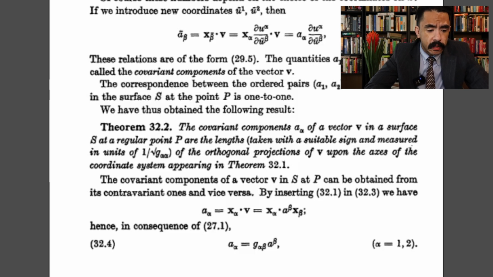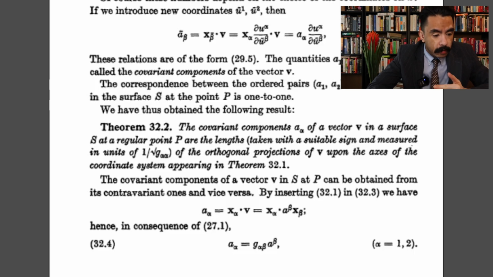The contravariant components of a vector v in S at P can be obtained from its covariant ones and vice versa by inserting vector v equals a superscript alpha times vector x sub alpha into a sub alpha equals vector x sub alpha dot product with v.